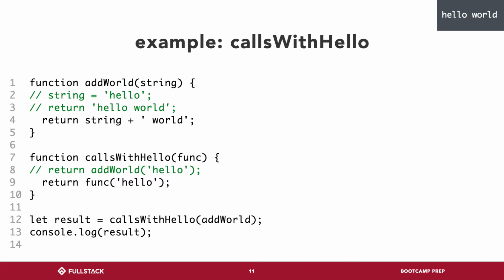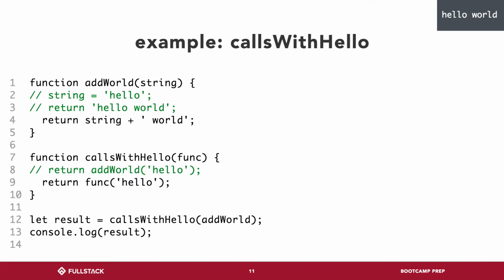What's func? I don't get what func is. Add world is getting passed into calls with hello as a parameter, so add world becomes func. Since this is just a parameter, it could be called X, Y, or funky. It can't be function because that's a keyword.